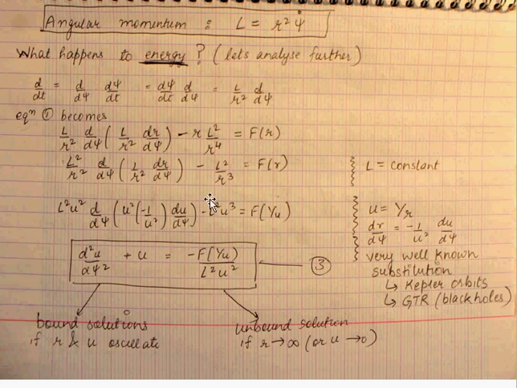In the middle, you would want to make the substitution r equals 1/u, right? So wherever you have r, you substitute 1/u, which means that dr/dψ becomes minus 1/u² du/dψ. This substitution of r as 1/u in an equation of motion is very famous.